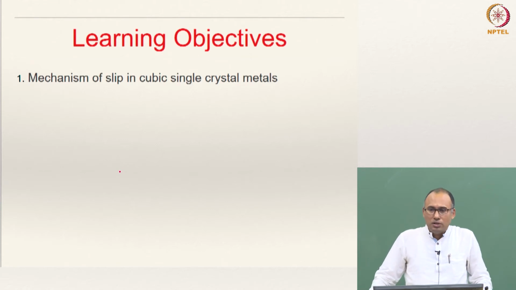And now let us try to understand. So, the next module that we are going to study is going to focus on the mechanism of slip in cubic single crystal material. So, how does plastic deformation actually take place in single crystal material?